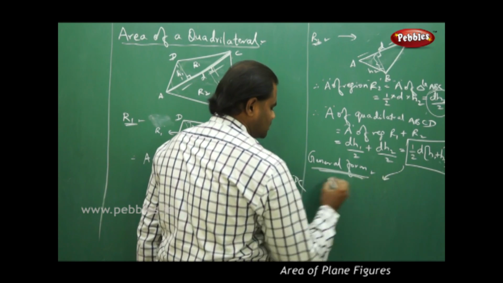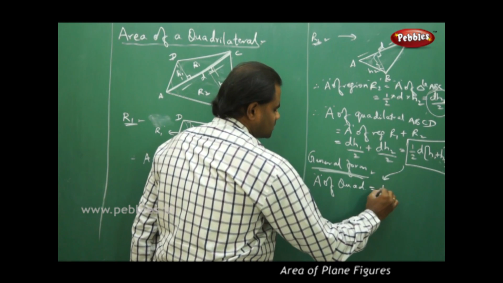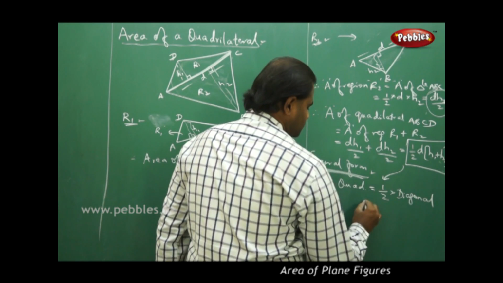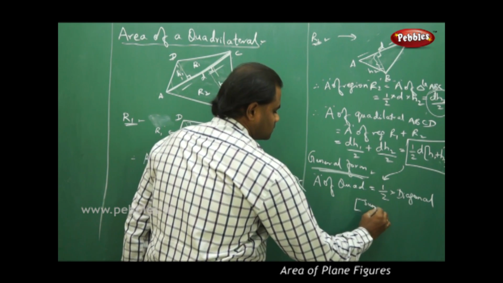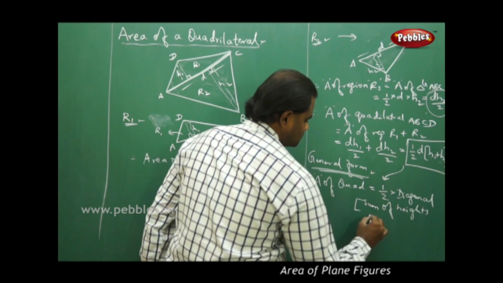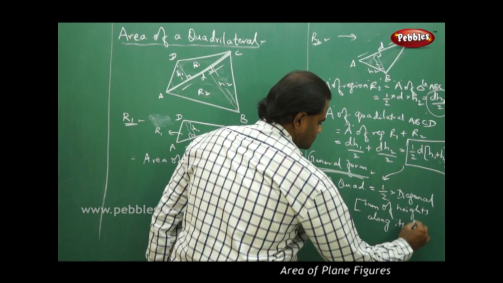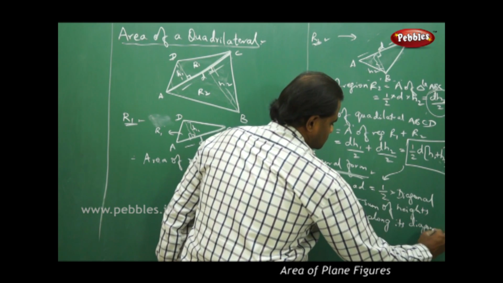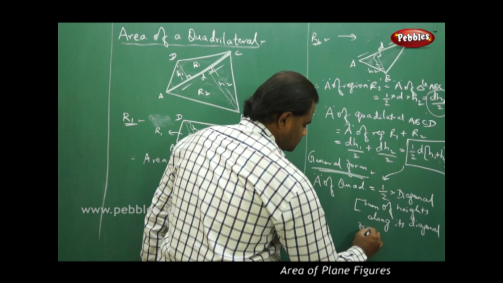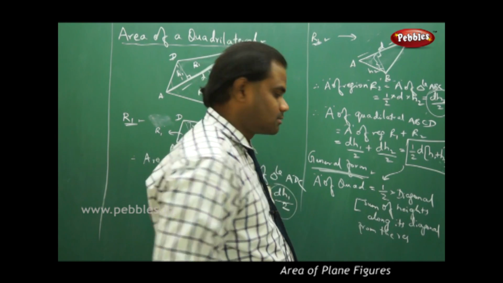I can write this as: the area of any quadrilateral is half the diagonal of the quadrilateral and the sum of heights along its diagonal from the respective vertices.